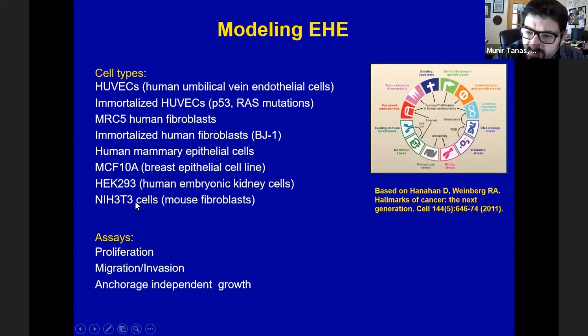We published a lot of these findings in 2016. But NIH3T3 cells have some limitations, and so other models were urgently needed.